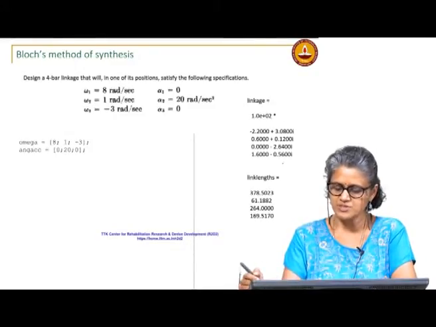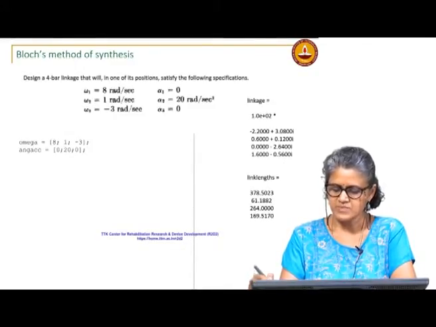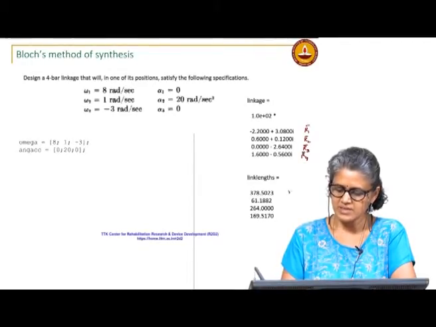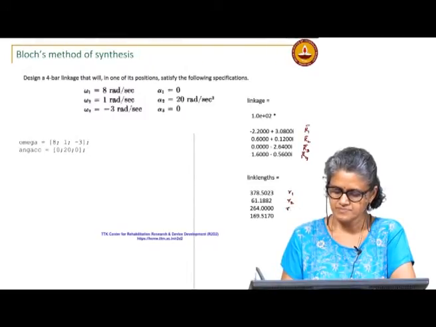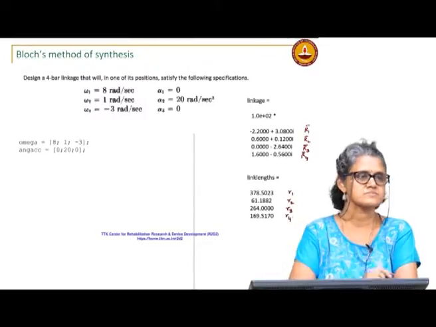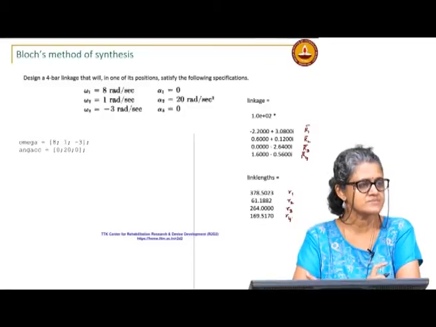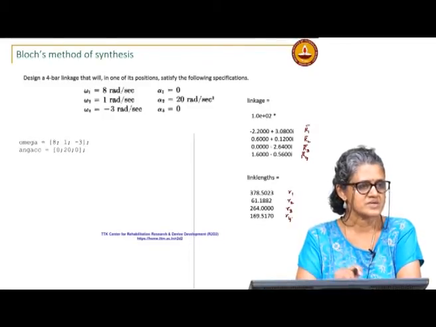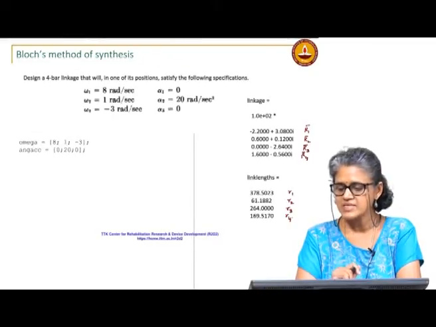This is my solution from MATLAB and I get these vectors. So, this is R1, R2, R3, R4. These are my link lengths, which are basically the modulus of those vectors. Okay. So, I get these link lengths.